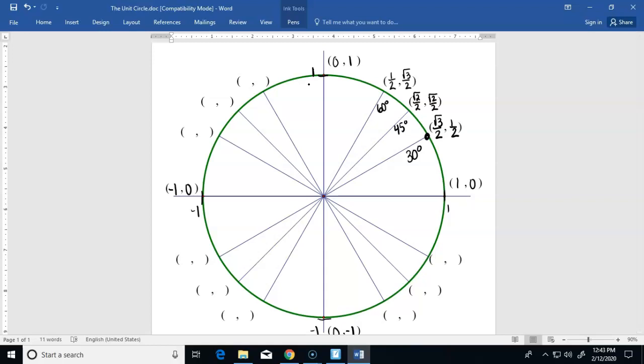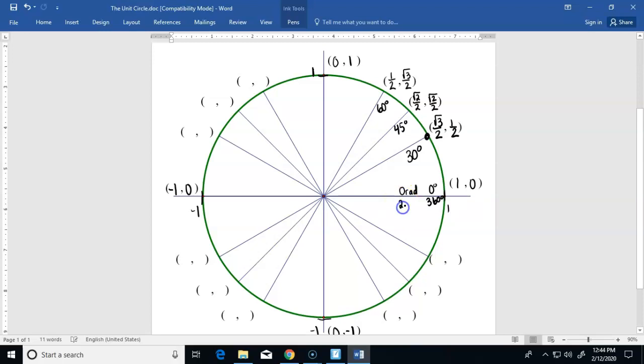The other thing I don't have on here is radians. I'm going to add this right here. This is 0 degrees. It's also 0 radians. Or I could call it 360 degrees, because if I go all the way around the circle, I'd end up right back here at 360. What would 360 be for radians?